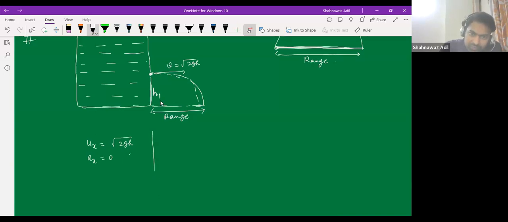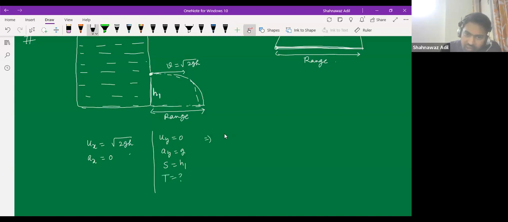We know that uy is 0, ay is g, and s is h1. So we can calculate the final velocity as well as the time it will take to flow from here to here.